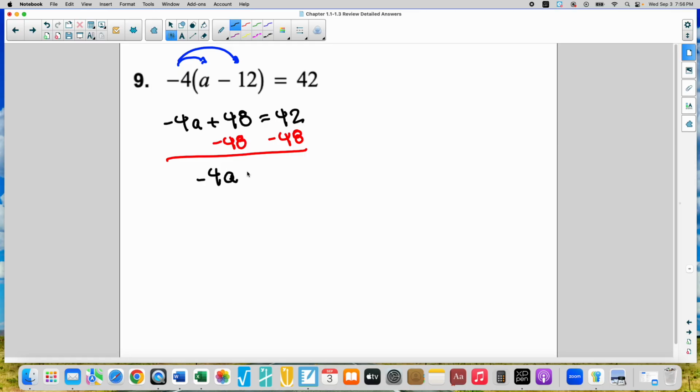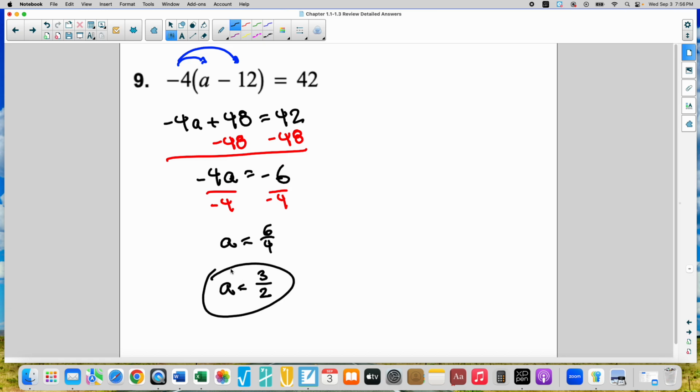Negative 4a equals, I'm going to take 42, the smaller, from 48, which is 6, and I have more negatives than positive. I'm going to divide by negative 4. And a negative divided by a negative is a positive, and I can't leave 6/4. I have to reduce that. 2 goes into 6 3 times, 2 goes into 4 2 times. So my answer is 3/2.